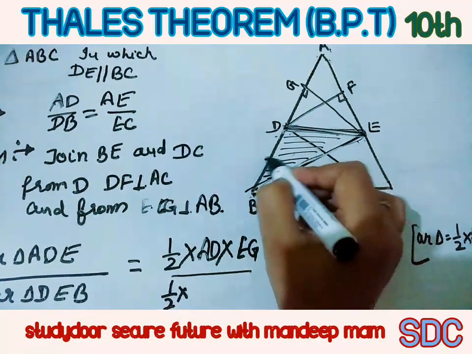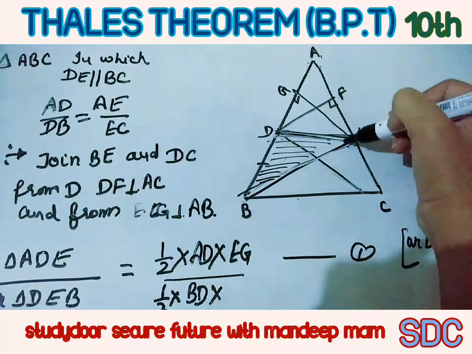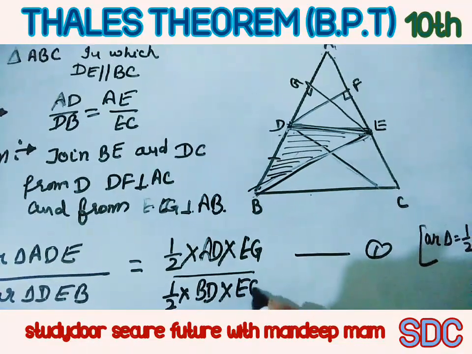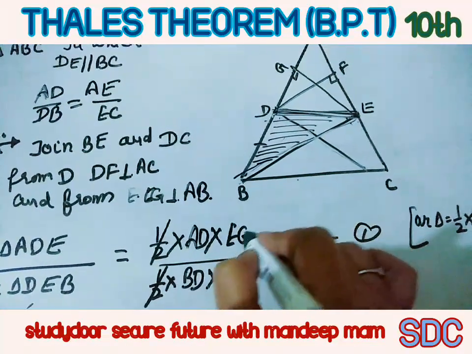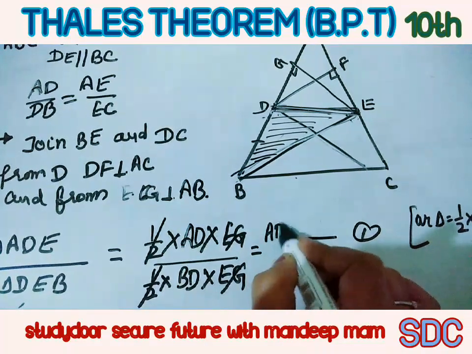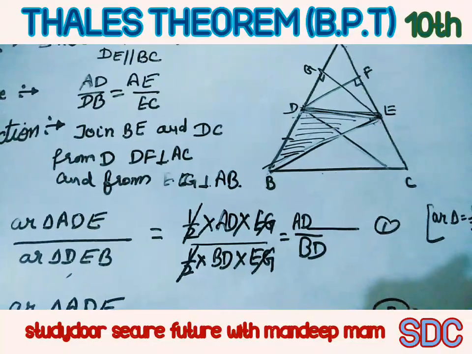What is the base? Base is BD, and again perpendicular is outside the triangle, which is EG. Now solve it. 1 by 2 cuts with 1 by 2, EG cuts with EG. So our remaining part will be AD by BD.